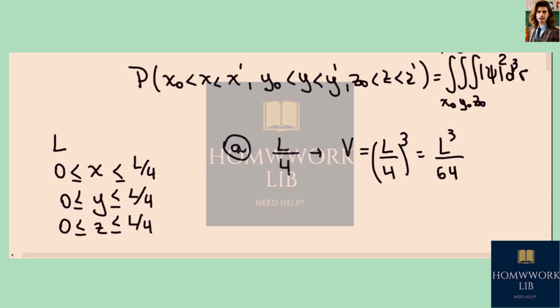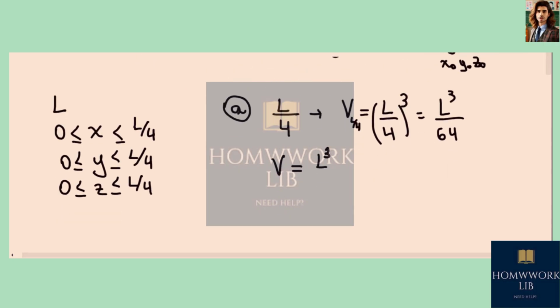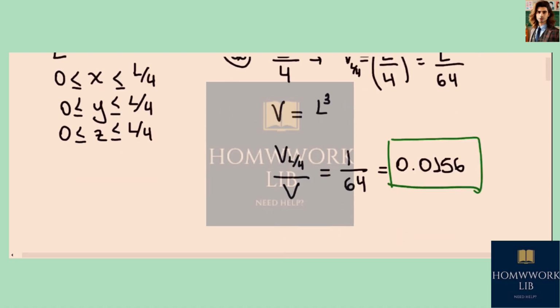And the original volume is L cubed. So the new volume divided by the old one is equal to 1 over 64, and this is 0.0156. This is the answer to our first problem.